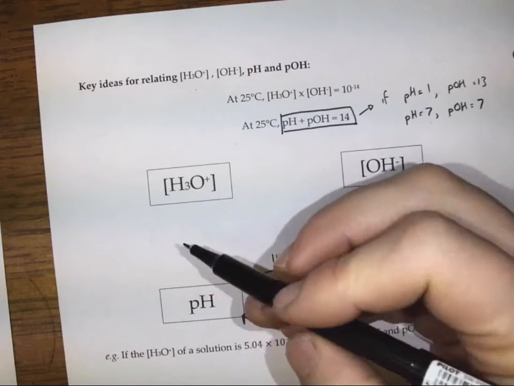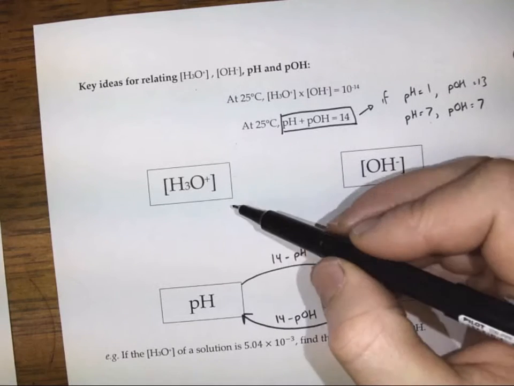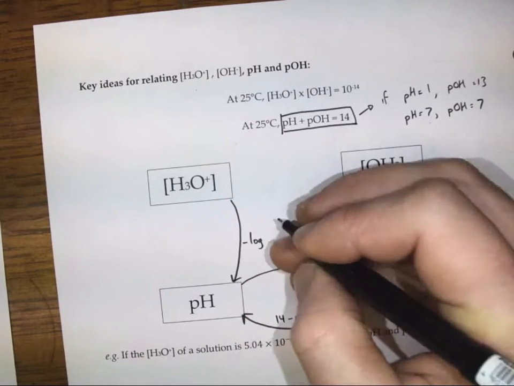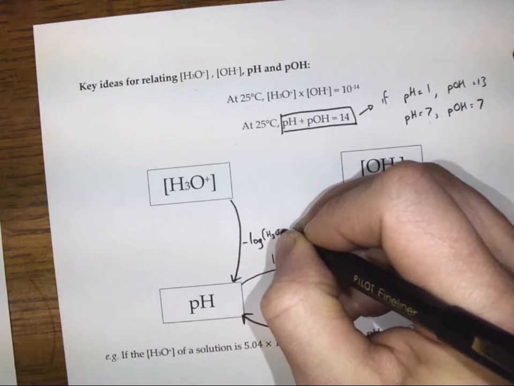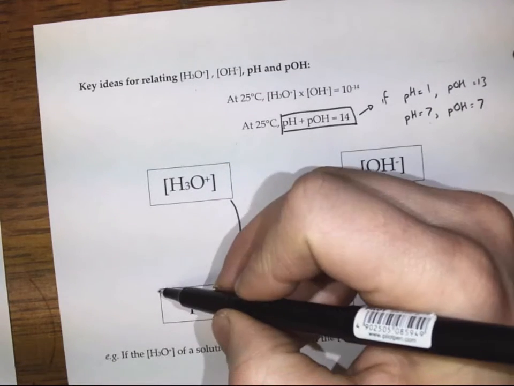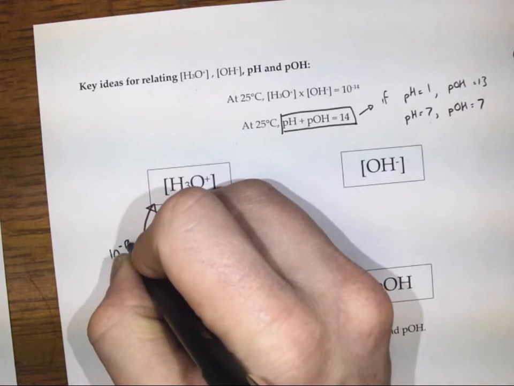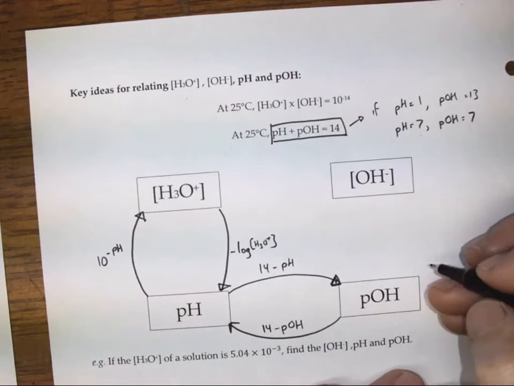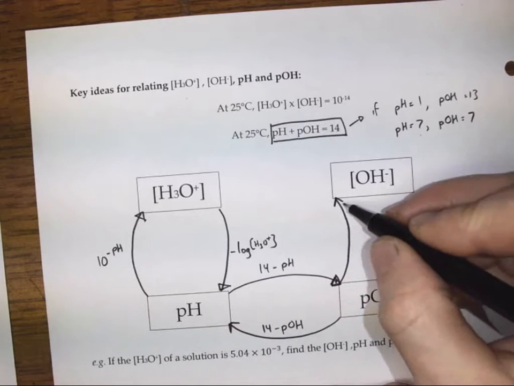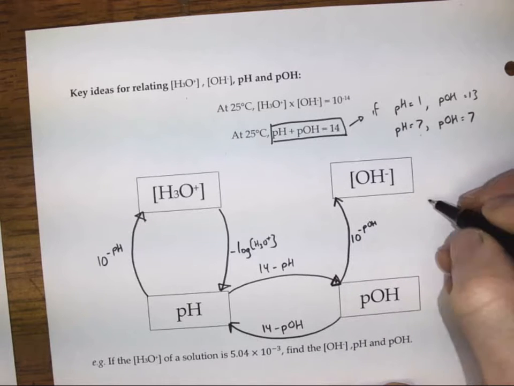Now also, we already know how to take a hydronium ion concentration and turn it into a pH. That's a negative logarithm of our hydronium ion concentration. And if I want to go from pH back to hydronium ion concentration, I do 10 to the power of negative pH. And there's a pretty similar path that we take when we're dealing with going from pOH to OH. We do 10 to the power of negative pOH, as we talked about.